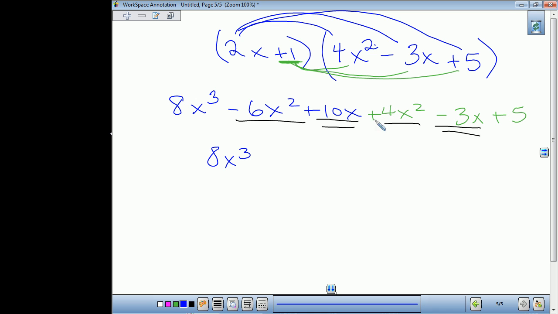Negative 6x squared and positive 4x squared simplifies to negative 2x squared. Positive 10x and negative 3x is positive 7x. And then at the end, we have that single little constant by itself.